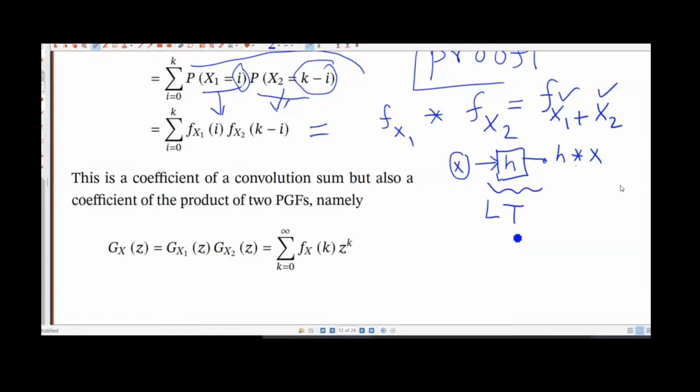You need linear system as well as टाइम इनवेरिएंट. जब तक ये दोनों नहीं होंगे तो ये नहीं होगा. लीनियर है, टाइम इनवेरिएंट नहीं है, फिर भी ये नहीं हो सकता. टाइम इनवेरिएंट है, you need both.